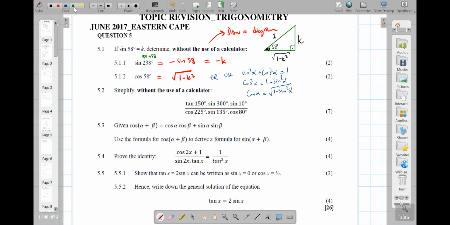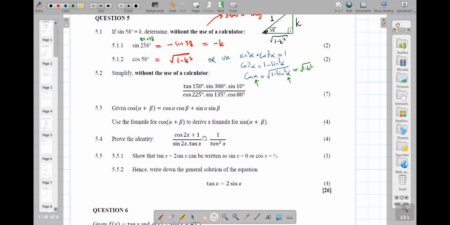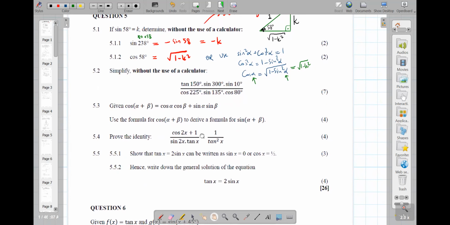So if the angle is 58 degrees, we know sine 58 is k. That's why it is root 1 minus k square. So you can get it from there as well. That's another relation.